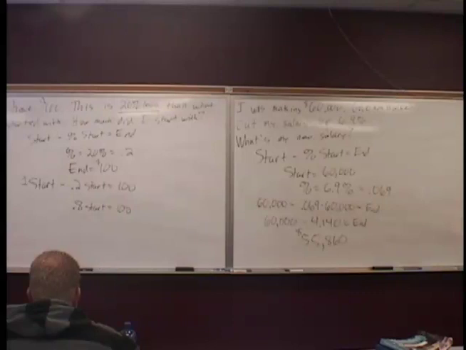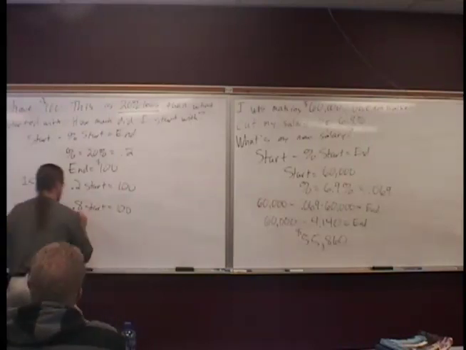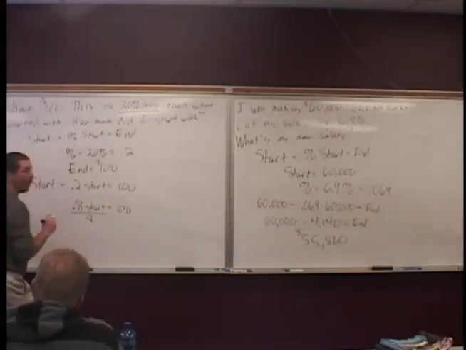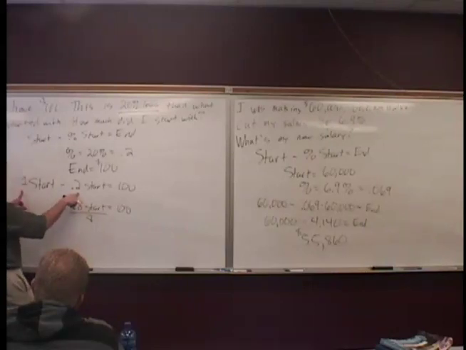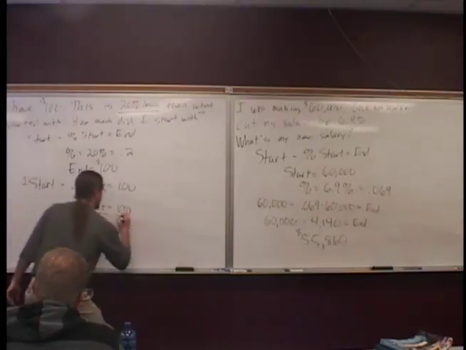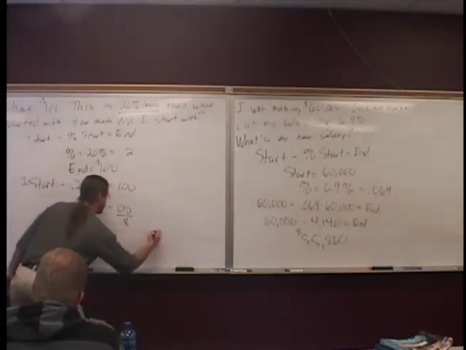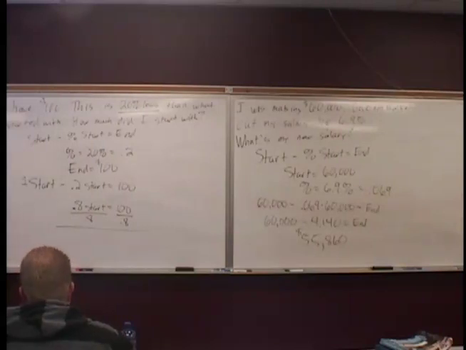How do I get my starting value by itself? Divide by the 0.8. We have 1 start, and we're taking away 0.2 starts. 1 minus 0.2? 0.8. $100 divided by 0.8?